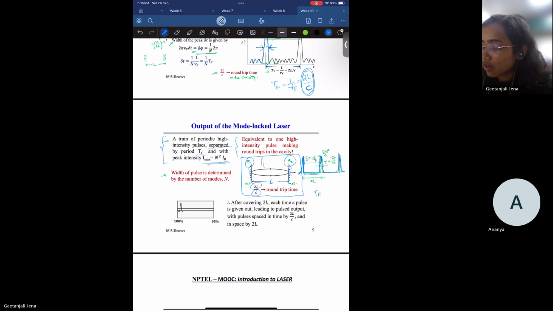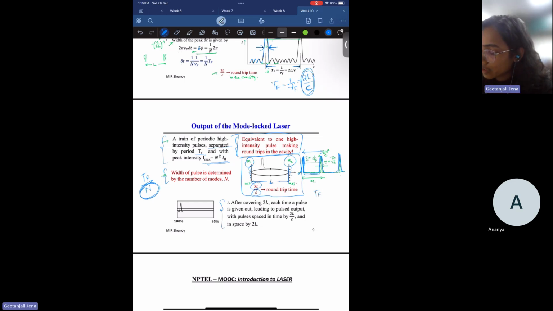Because these pulses are separated by Tf, which is nothing but the time required for one round trip, we say this is equivalent to one intensity pulse making one round trip in the cavity. And the width of this pulse, as we have seen, is given by Tf divided by N. So the width is determined by the number of modes oscillating inside the cavity.